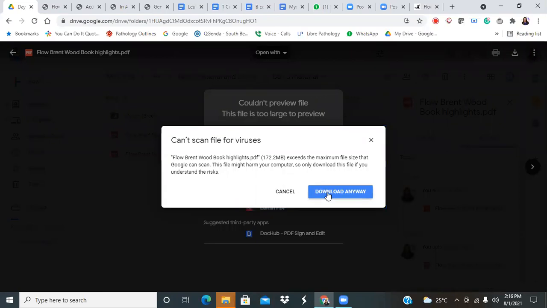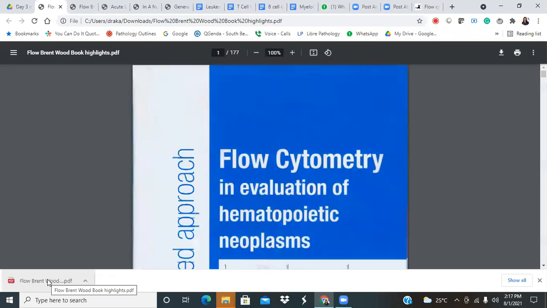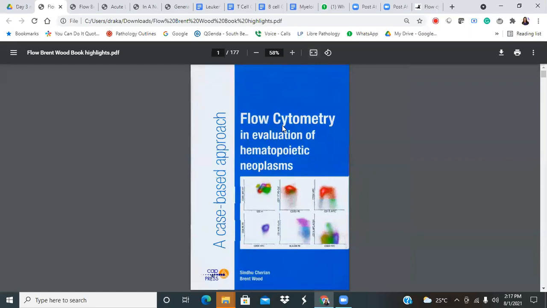Think about it. If you really think about it, hemodilution means what? Hemodilution means that it is diluted with blood, right? So if it is diluted with blood, what will it have? It will not have more of the immature precursors. It will have more of the mature forms, right?